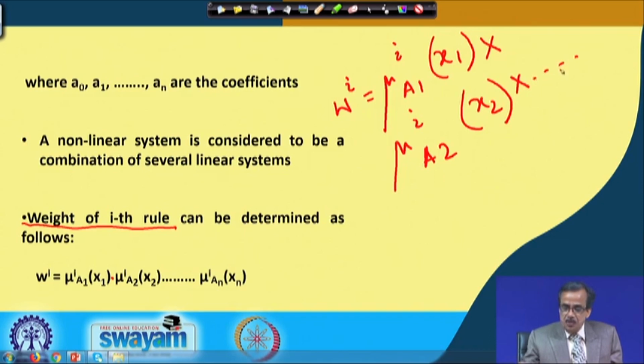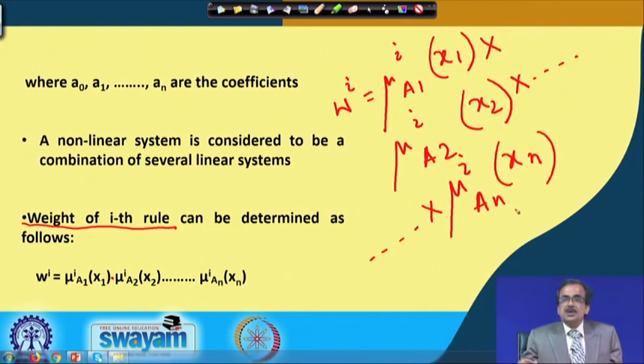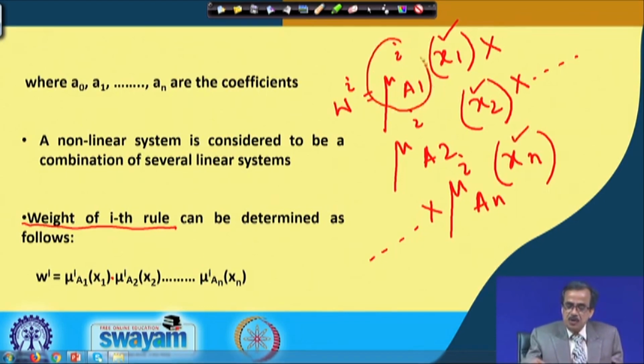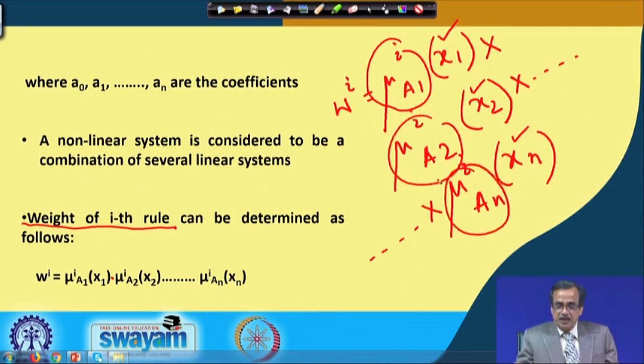All such mu values we find out, and the last term corresponds to xn. So we pass all the input variables like x1, x2 and xn, find out the mu values, and then multiply all the mu values, and that will be the weight of the ith rule.